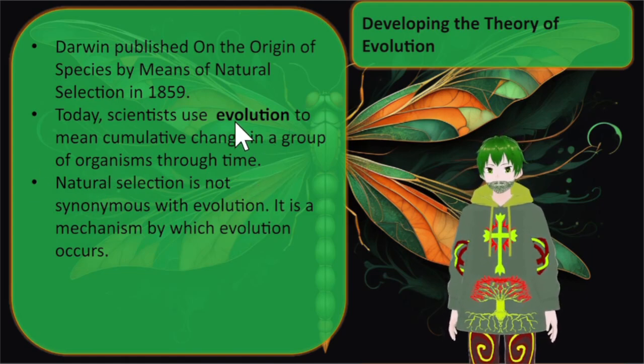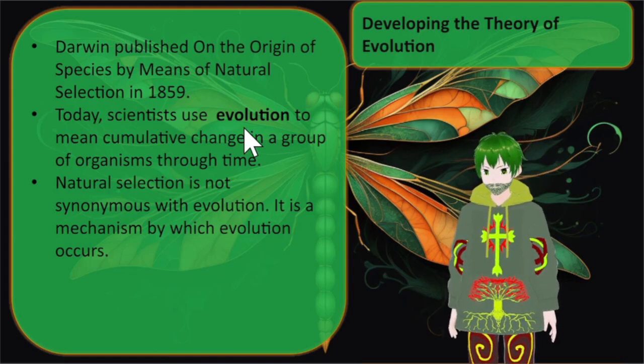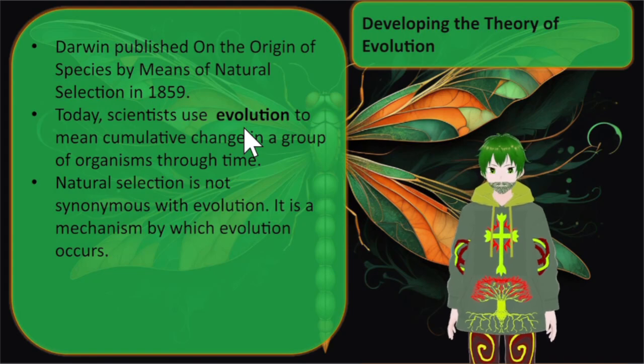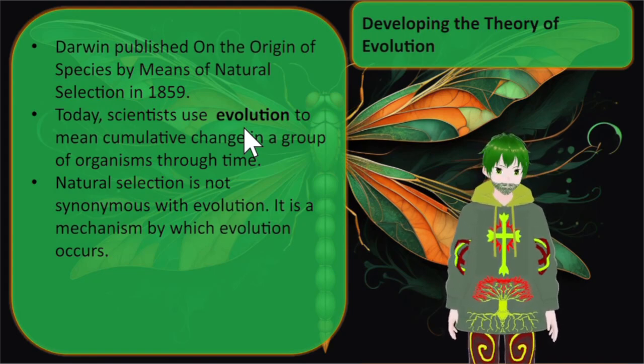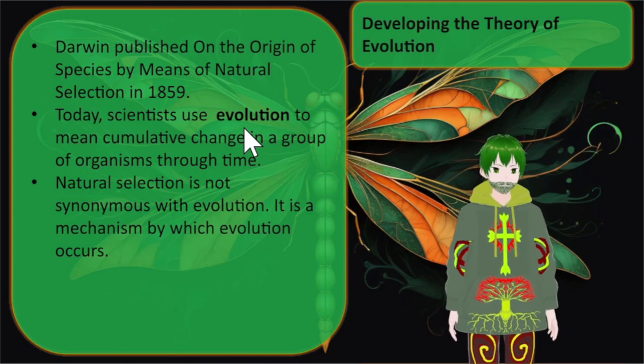And you have to be careful with this word because it's used in a lot of contexts. Change over time is the simplest version of the definition of this word. Change in a group over time is also a good definition. And then some people mean that all organisms came from a single organism over time in the extreme distant past.